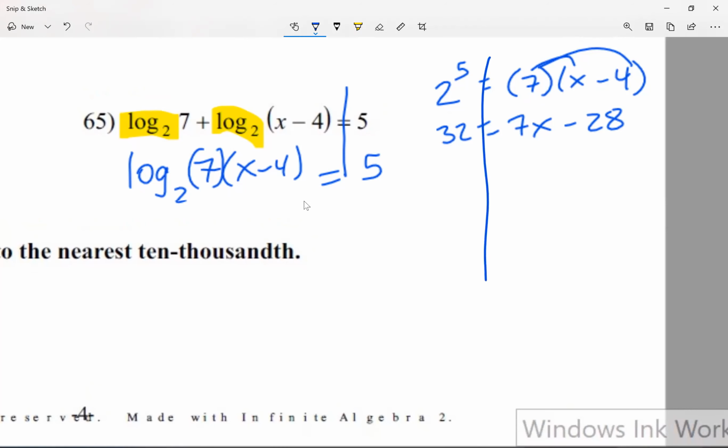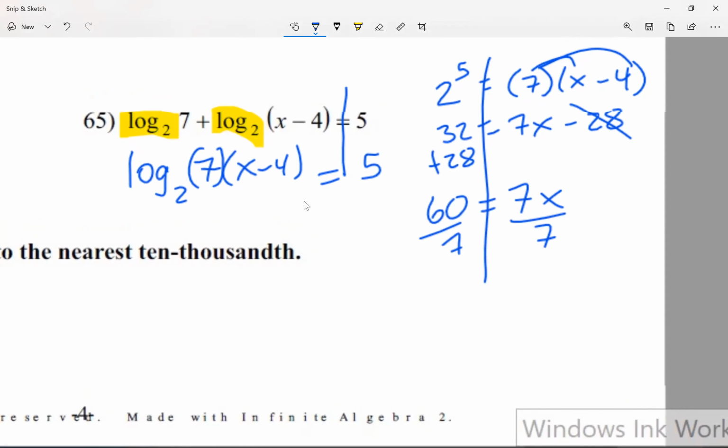I'm really just solving for x. I want x by itself, so this minus 28 on the right side, let me move it to the left as a plus 28. I know 32 plus 28 is 60, so I have 60 is equal to 7x. To get the x by itself, let me divide both sides by 7.